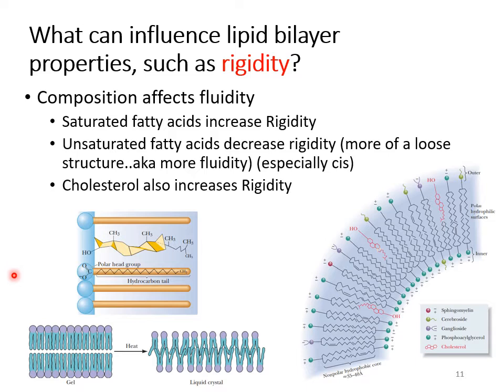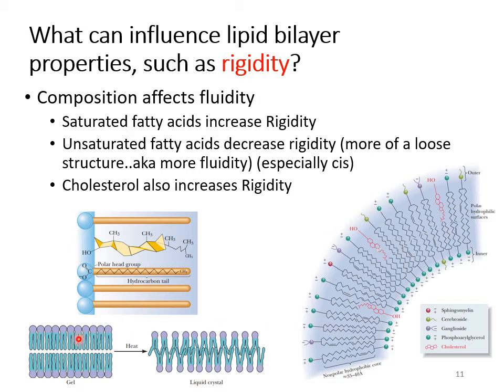Now, when we talk about composition, I want to point out that in addition to composition affecting the rigidity of these structures, temperature can also affect the fluidity of a membrane, of a lipid bilayer, because with heat, the very ordered structured bilayers become less organized. And the bilayers that are already comparatively disordered become even more disordered.